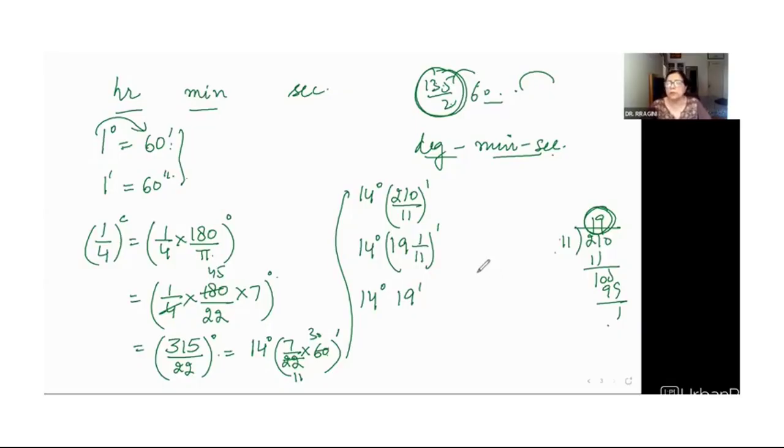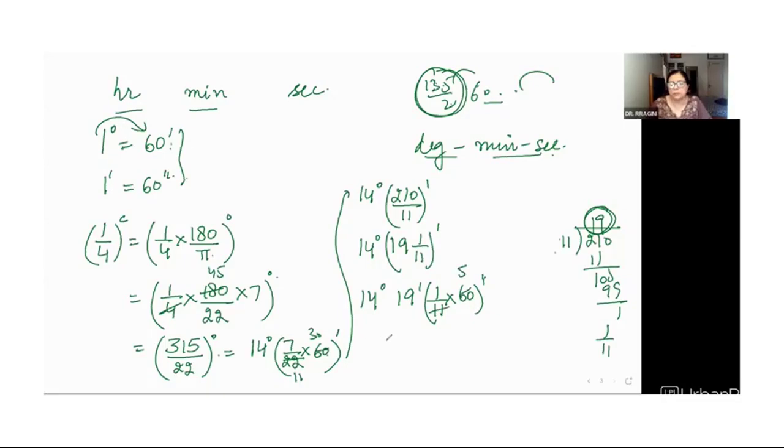We further go into a smaller unit, which is seconds. So I convert 1 by 11 multiplied by 60 into seconds, right? Now, even if we get a fraction over here, we cannot go further because there is no smaller unit we can get into. So we have to round it off and write the nearest possible value. 11 times 5 is 55, right?